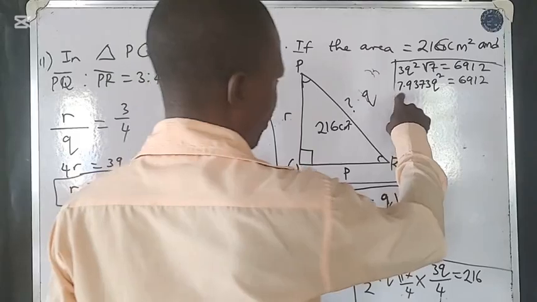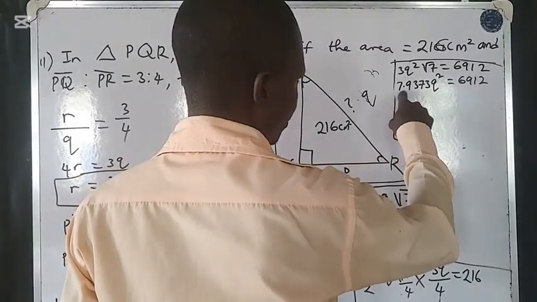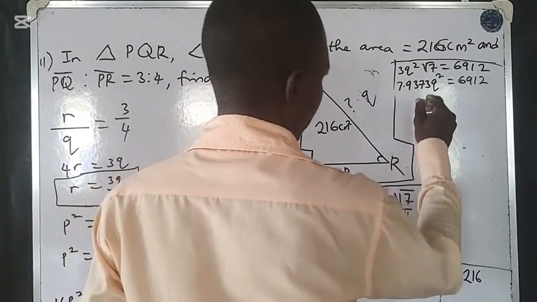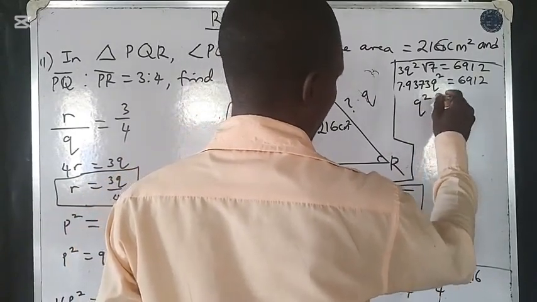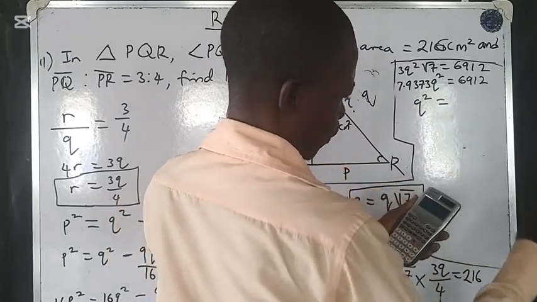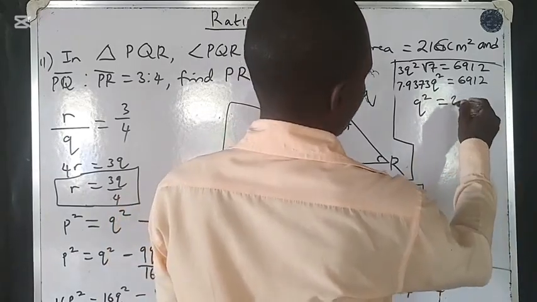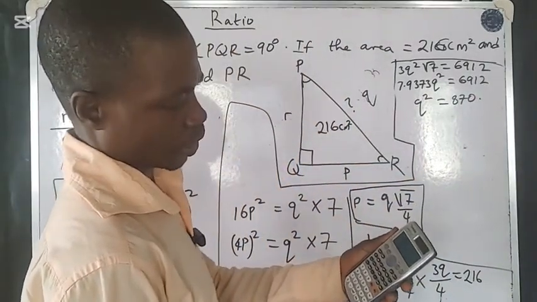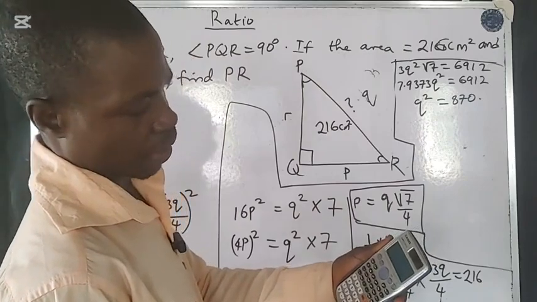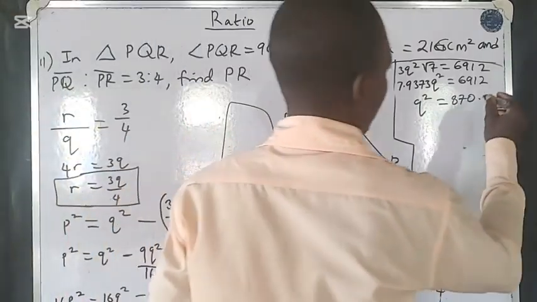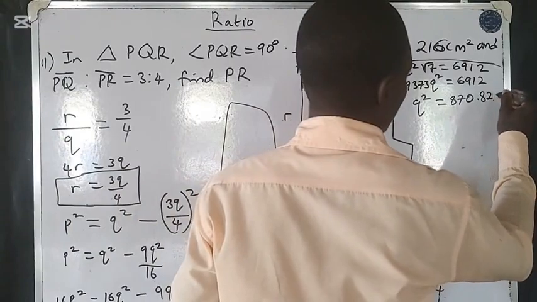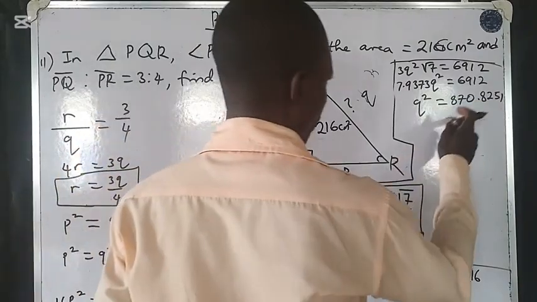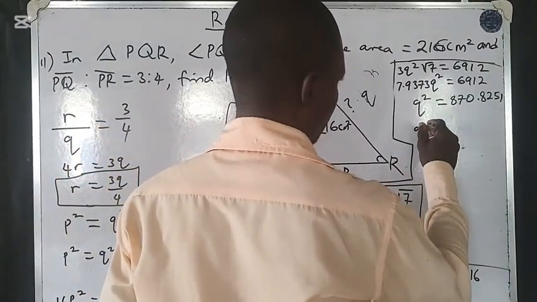When we divide both sides by 7.9373, we're going to have Q squared equals 870.8251. Let's find the square root of this.